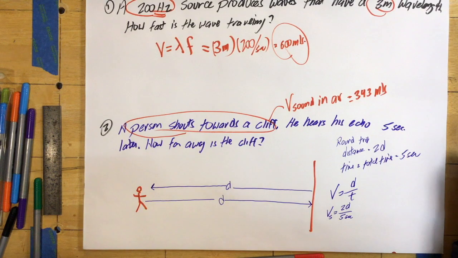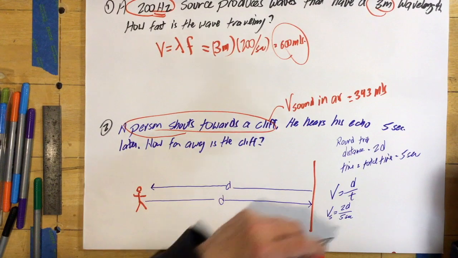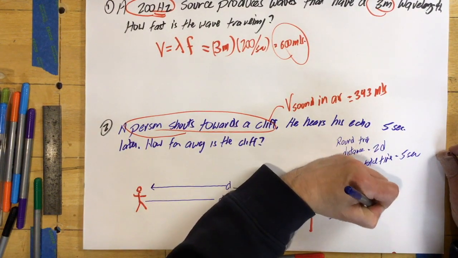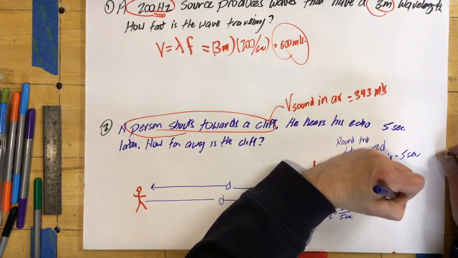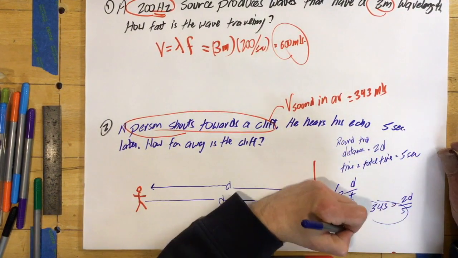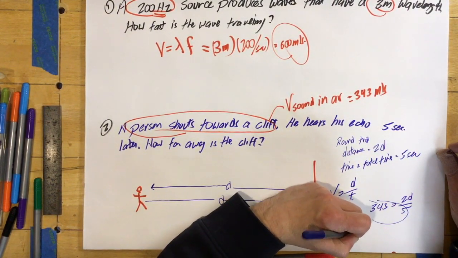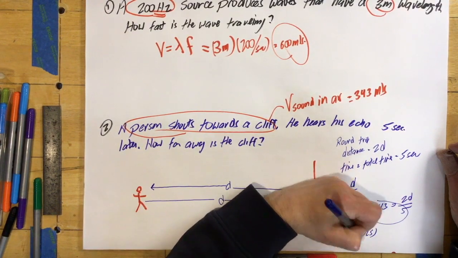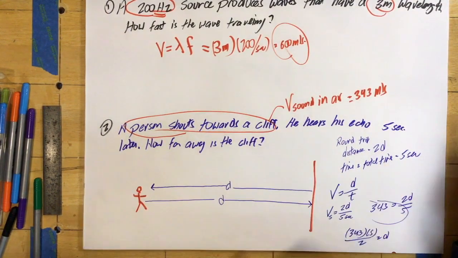If you want to cut your work in half, you use 2.5 seconds, and that's the time it takes just to get to the cliff. But this is the total round trip. It's going to be the same because you're doubling both things. So if you have 343 meters a second equals 2 times d over 5, you'll be able to cross multiply that. So 343 times 5 over 2, and that'll be your distance.